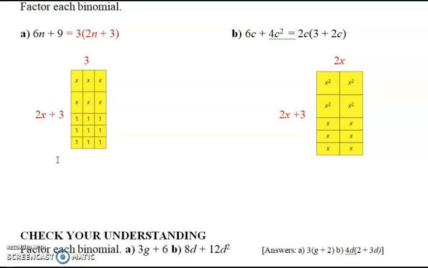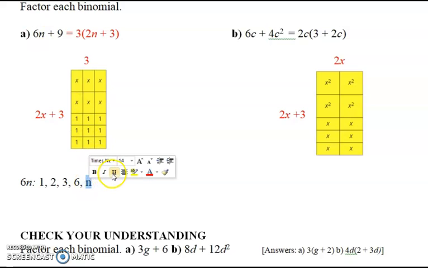So for the first one, I'm going to list the factors of 6n and the factors of 9. So 6n has the factors 1, 2, 3, 6, and n.